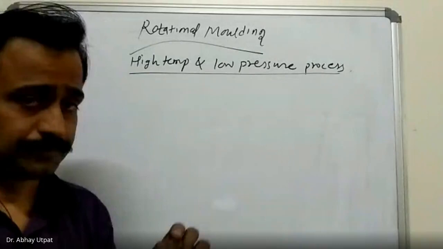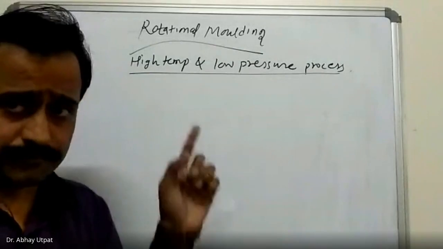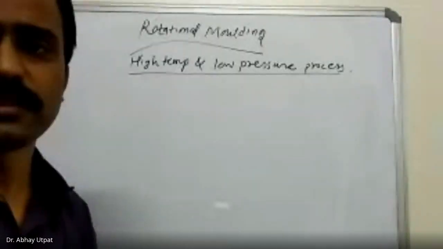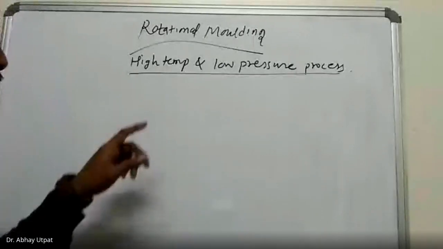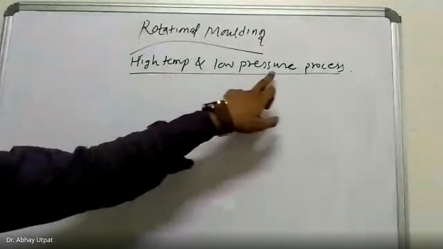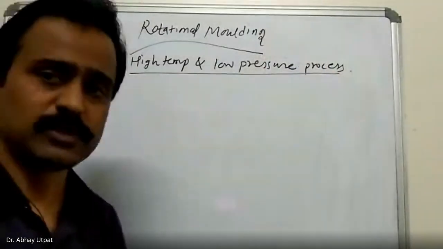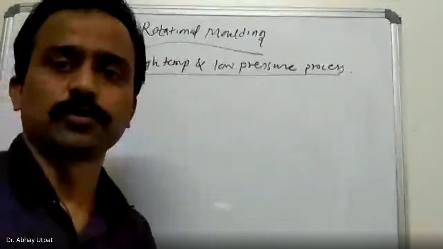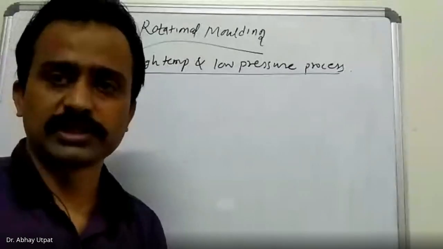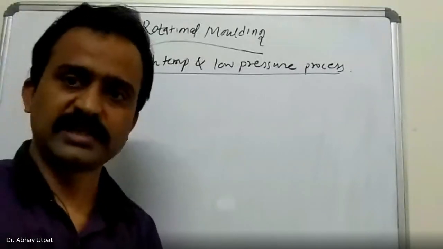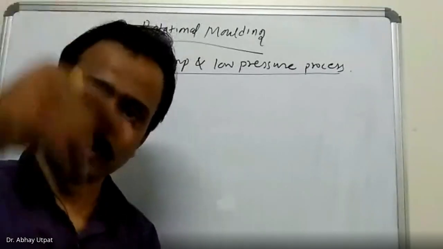And the main principle of this process is that it is called a high temperature and low pressure process. Many times the question was asked in the MCQ: rotational molding is dash dash dash dash, with four options.